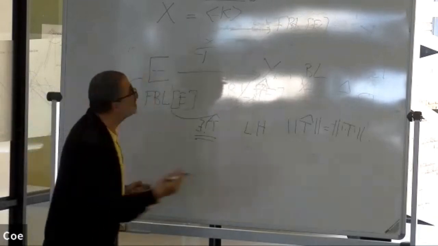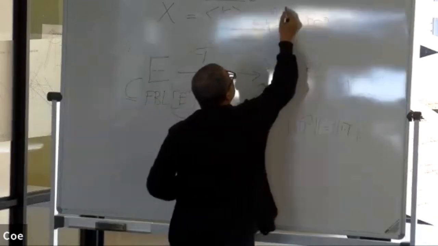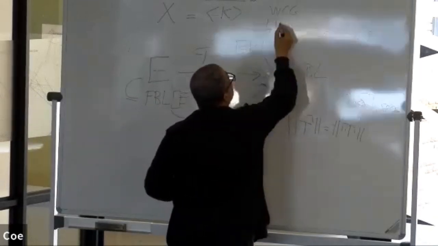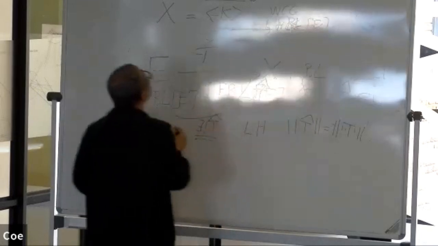Now, what does lattice weakly compactly generated mean?